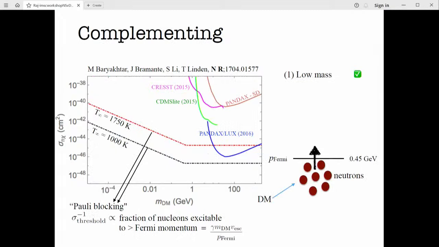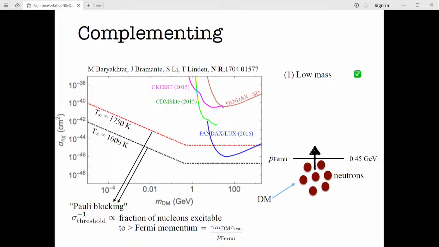Now, if I were to go to low mass, the low mass frontier is something that experimentalists are looking for, sub-GeV dark matter. In the low mass frontier, terrestrial experiments don't really have great sensitivity because dark matter is so light that it doesn't really produce recoils in nuclear targets, especially when the dark matter is lighter than the nuclear target.